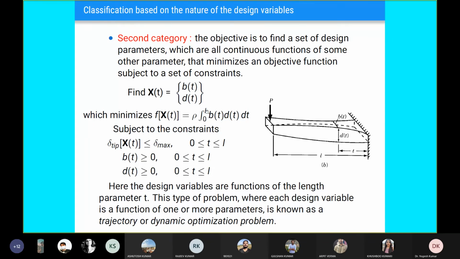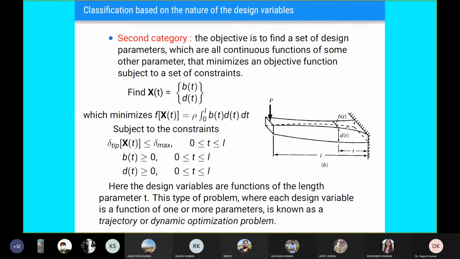Integration from 0 to L of rho, since rho is constant it has been taken outside this integration, B D into dt. So integration from 0 to L of b which is a function of t, d which is a function of t, and then this small thickness, that is dt.